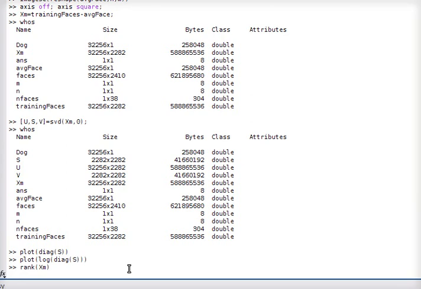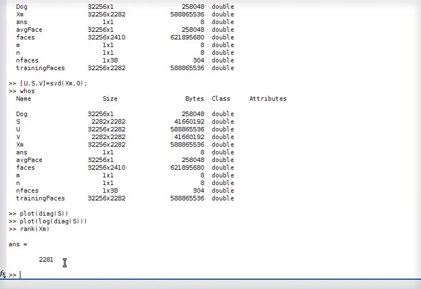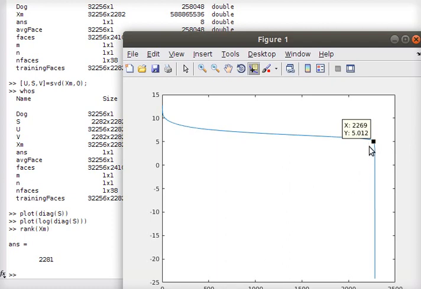Uh-oh, it's slow. Do you know why it's so slow? It's because it's actually recomputing the SVD. So that's kind of weird, right? Anyway, so we'll see what it says. Oh, 2281. So it's actually telling us it's full rank, even though our picture says that you shouldn't have to count that much.